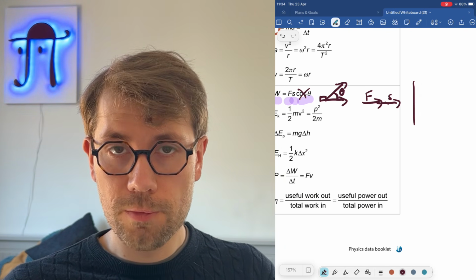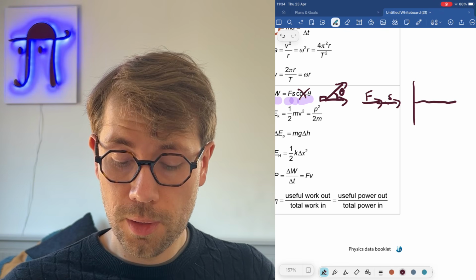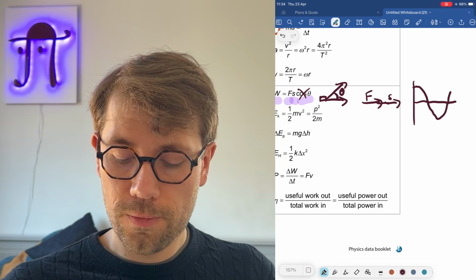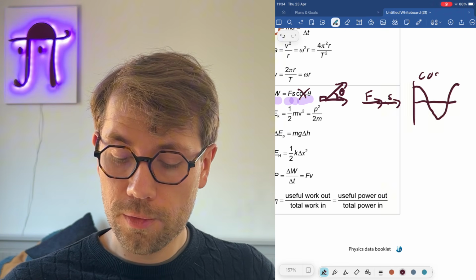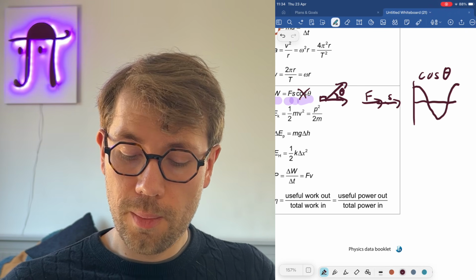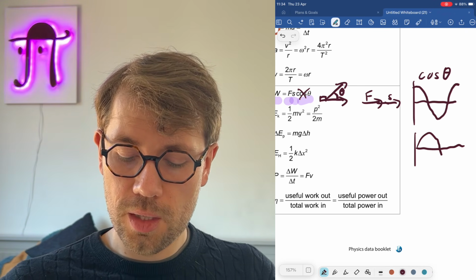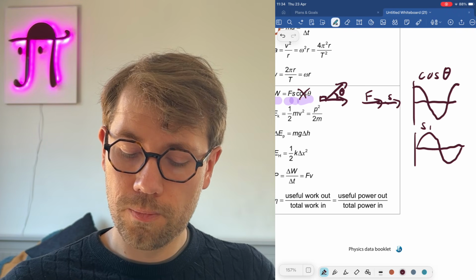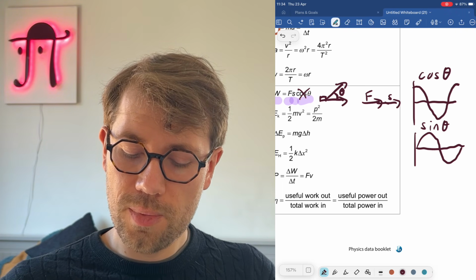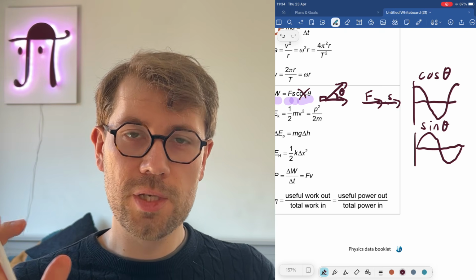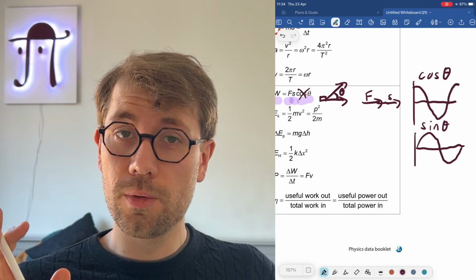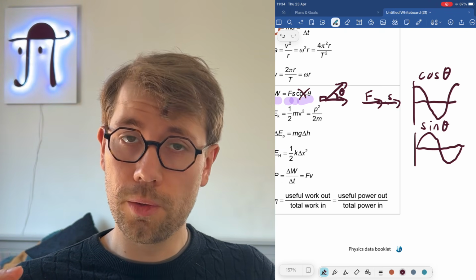I know you do this in maths, but it's worth noting, if you can understand roughly what the cos graph and the sine graph look like, it's going to actually help out quite a lot in physics, because it can be really helpful to know at which angles these functions are equal to 0 and equal to 1.